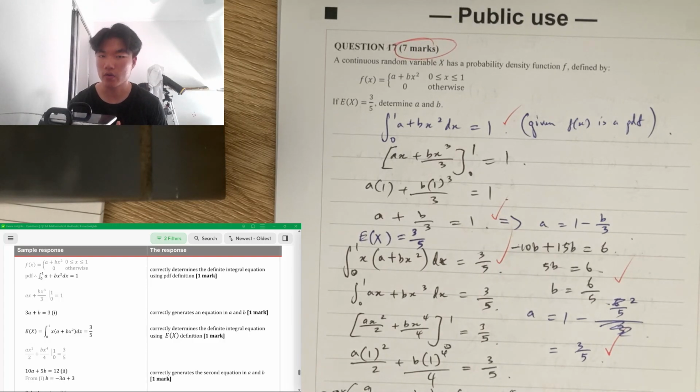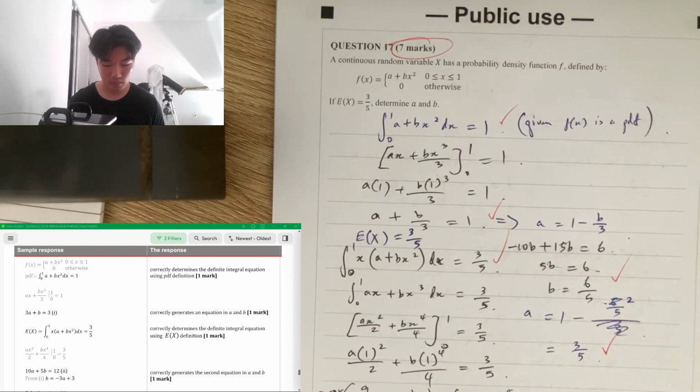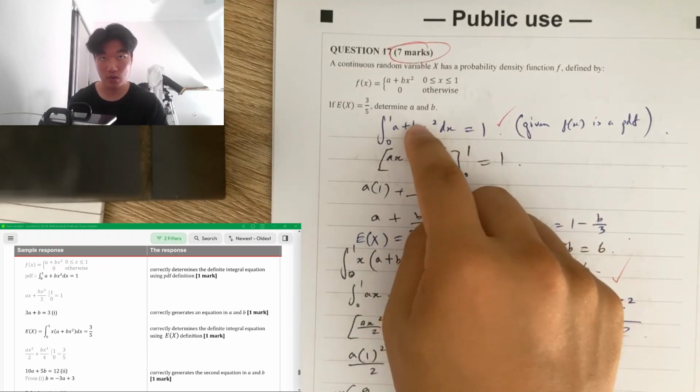That is the key part to solving this question. Without that information, it's pretty difficult to complete this question, because that's the keystone to understanding how to solve for A and B.